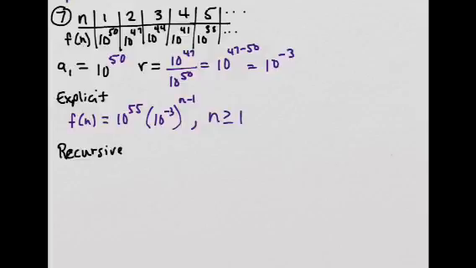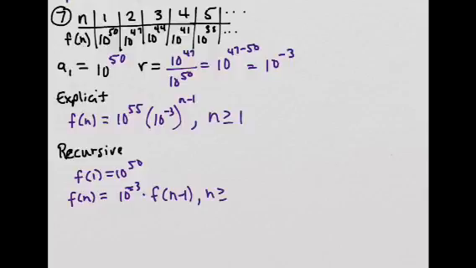And then for the recursive, we're going to write f of 1 is 10 to the 50, and then f of n is the ratio, so 10 to the negative 3, times the previous number for all n greater than or equal to 2.